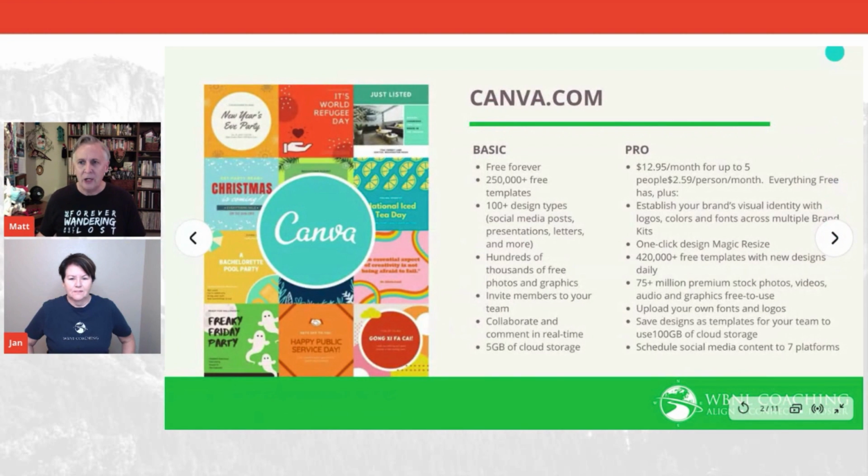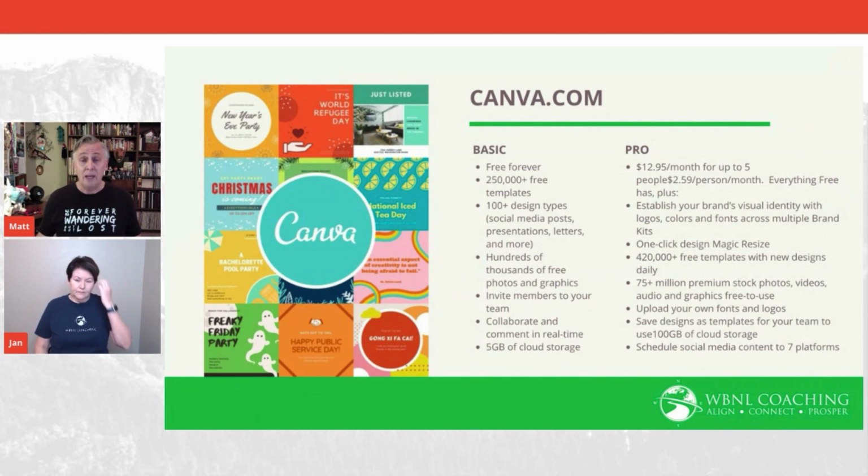Let's just go down here. As a reminder, once again, for those of you new to Canva, Canva is a completely free program. Go to canva.com. You get the basic program, which is filled with things where, if you're not going to really do a ton of things in Canva, you can survive easily with the standard program, or you can upgrade to Pro, which is $12.95 a month for up to 5 people, and then the price changes as you scale up from there with users.